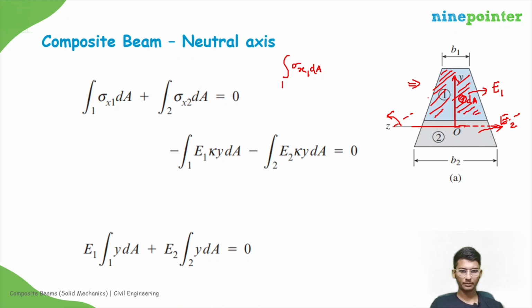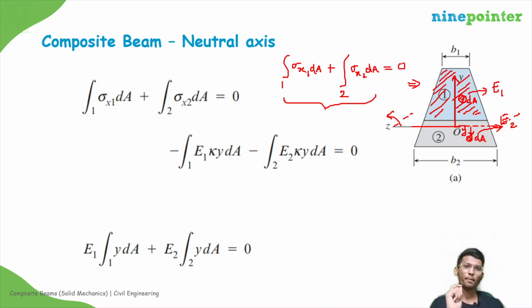Similarly, if you take a small dA in material 2 at distance y from the z axis, then sigma x2 dA integrated over material 2 gives the net force on material 2. The sum of these two forces must be 0, because there is no axial force applied on the beam.